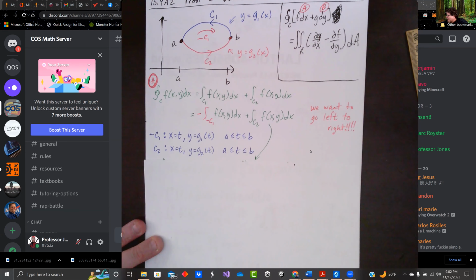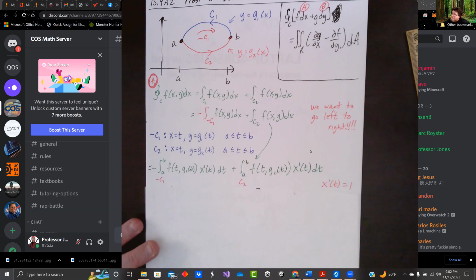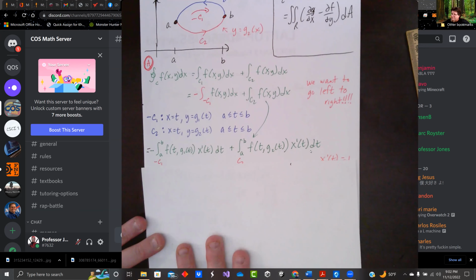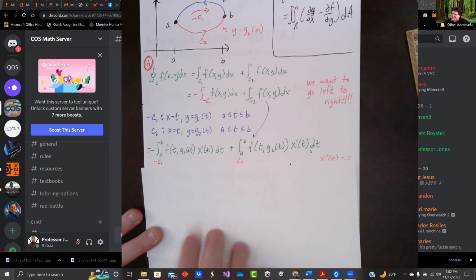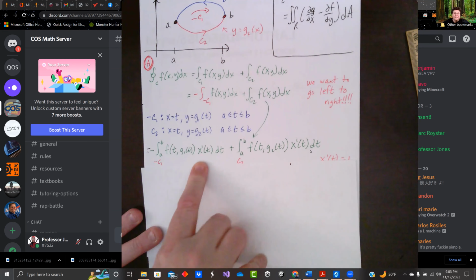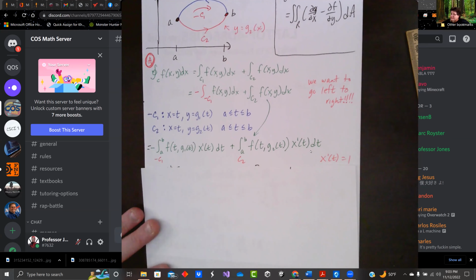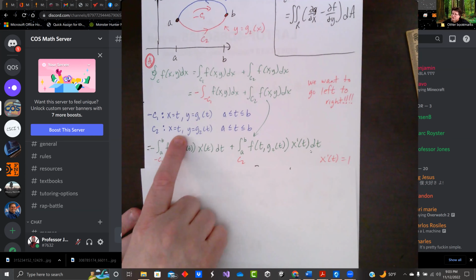So let's plug in what we have. We've got negative integral from A to B for f, and then dy, or I'm sorry, dx. We need to do dx in terms of dt. So it's going to be x prime of t dt on both of them. Normally it would be different for each curve, but dx/dt on each of these is just one dt.